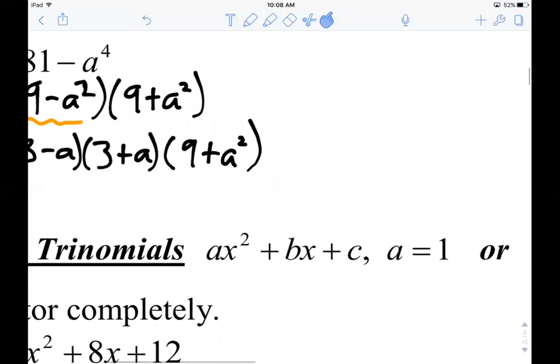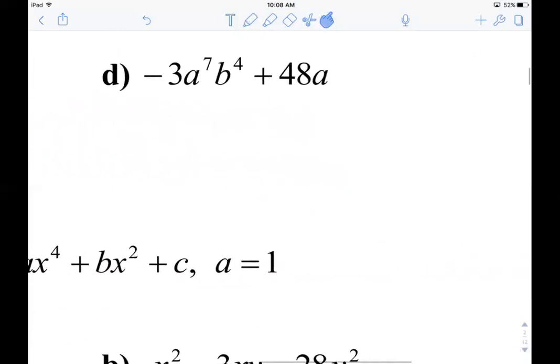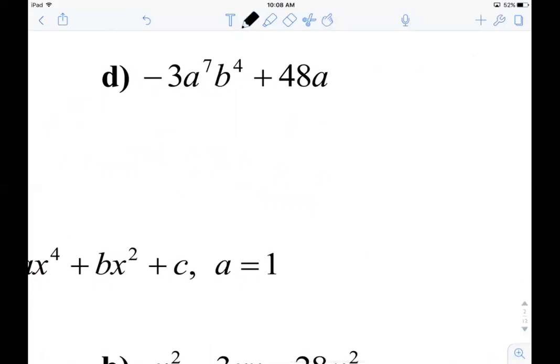And let's do one more that's going to combine this idea of difference of squares, but also force us to remember that important rule that we talked about at the very beginning of this note, that we should always technically be looking for any common factors first. Now, for these last three examples we did before this one, there were no common factors. But in this case, both of these can be evenly divided by 3, and they both have at least one power of a.